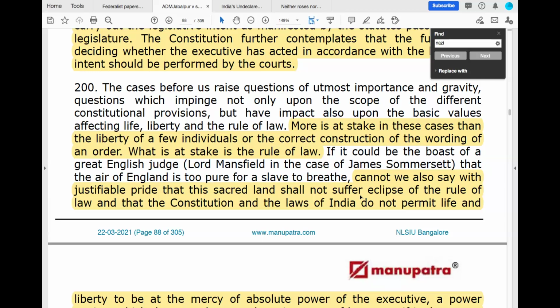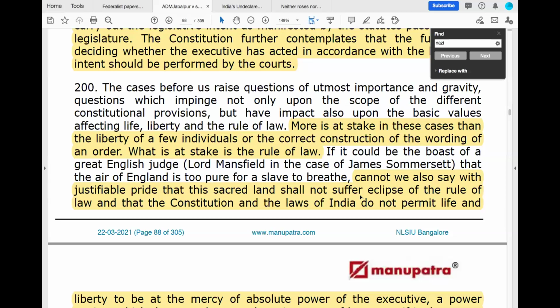The cases before us raise questions of utmost importance and gravity, questions which impinge not only upon the scope of the different constitutional provisions, but have impact also upon the basic values affecting life, liberty, and the rule of law. More is at stake in these cases than the liberty of a few individuals or the correct construction of the wording of an order. What is at stake is the rule of law.